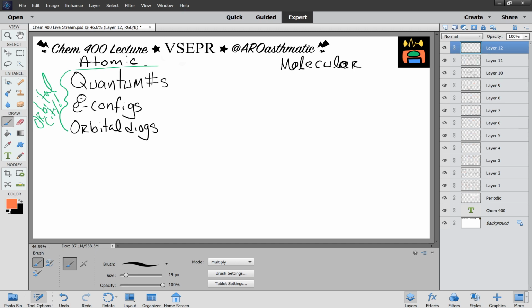And in our discussion of the molecular, we talked about Lewis structures, right? We talked about VSEPR geometries. But in all of our discussion of Lewis theory and VSEPR, we didn't talk about any orbitals.